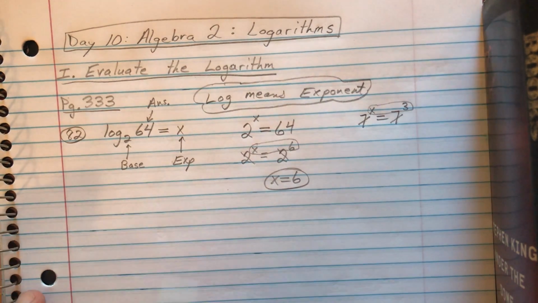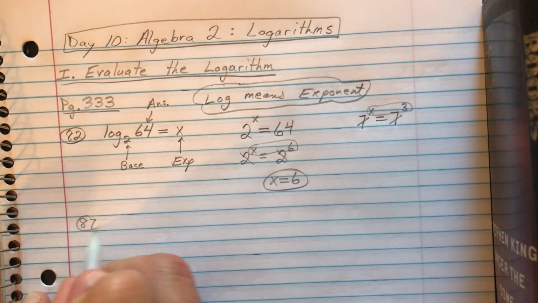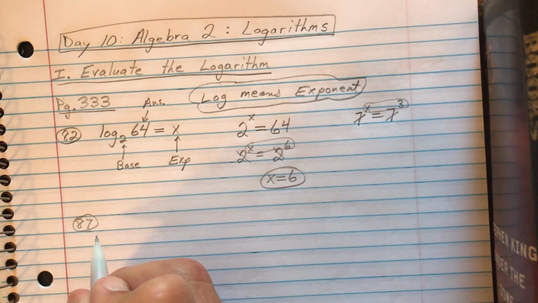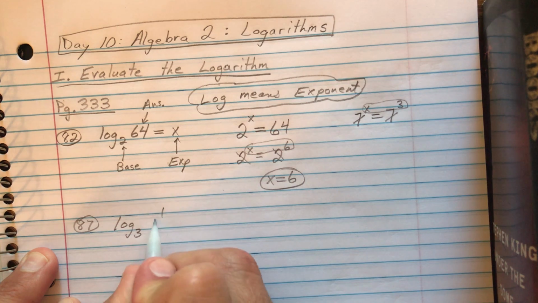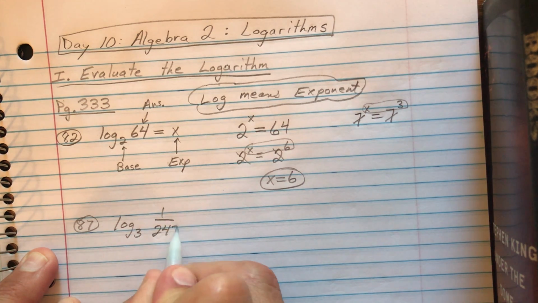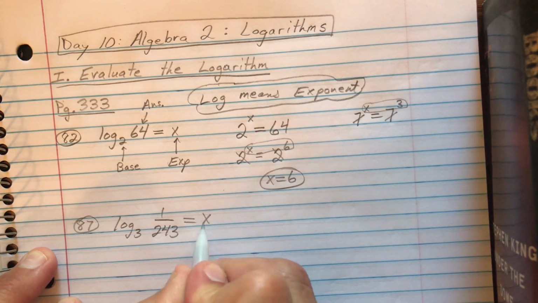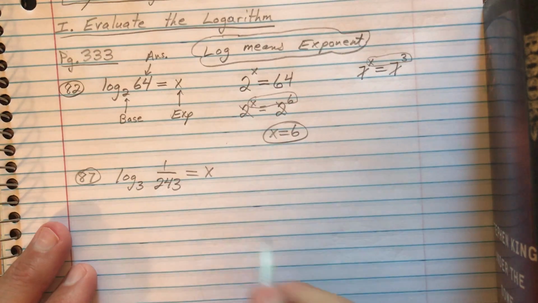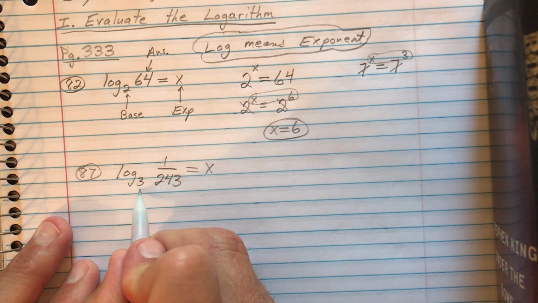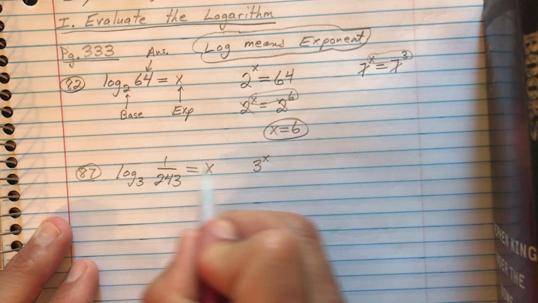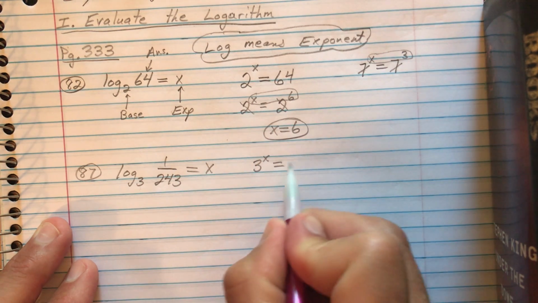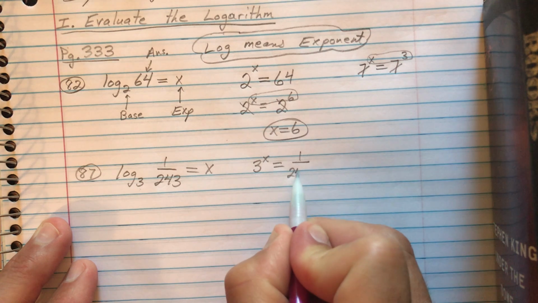Let's try another one. What about 87? Number 87 says log base 3 of 1 over 243. Once again, put your x there. Let's do the rewriting. 3 is the base, x is the exponent, 1 over 243 is the answer.